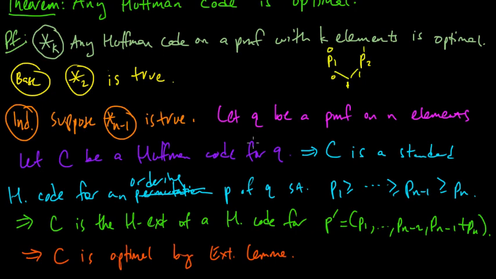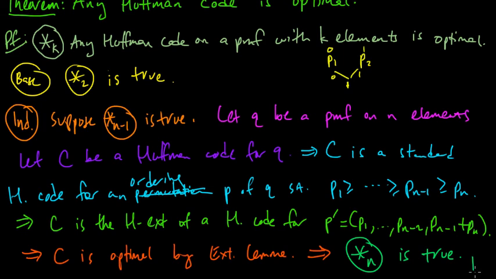And so since Q was an arbitrary PMF on n elements and C was an arbitrary Huffman code for Q, that proves star n. Star n is true: any Huffman code on a PMF with n elements is optimal.